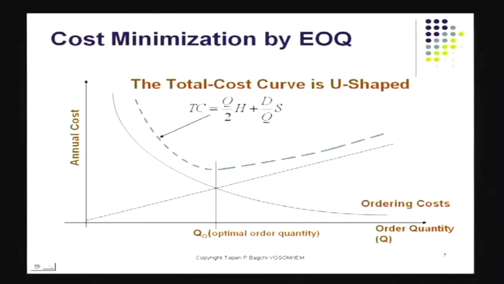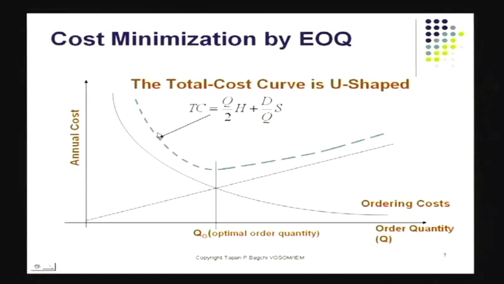This total cost is now a function of the unknown decision variable, which is Q, the quantity to be ordered. It's not very difficult to show that the total cost reaches a minimum, and that's this dotted line here. This is the total cost curve.